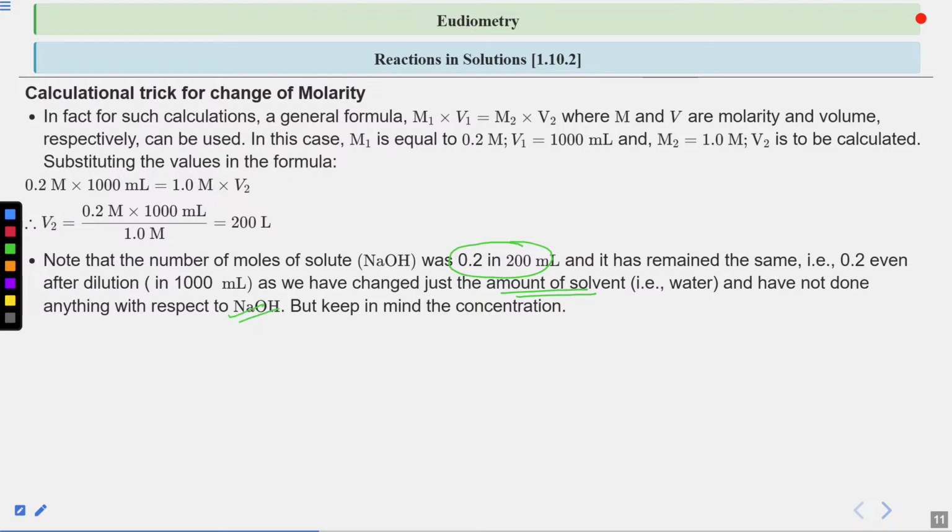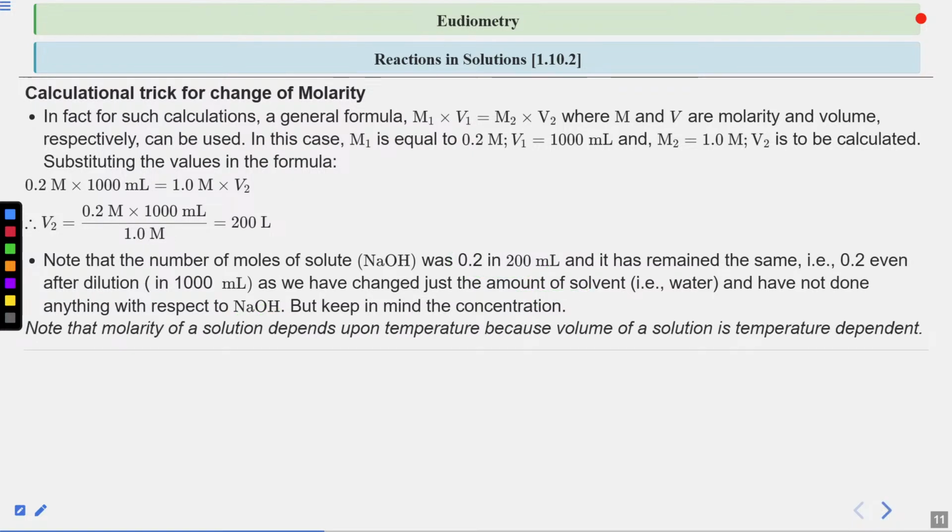We are just diluting it further. One very important point: molarity is dependent upon the temperature, because molarity is dependent upon the volume of the solution, and if we increase or decrease the temperature, then the volume will also increase or decrease. Yes, this will be 200 ml.